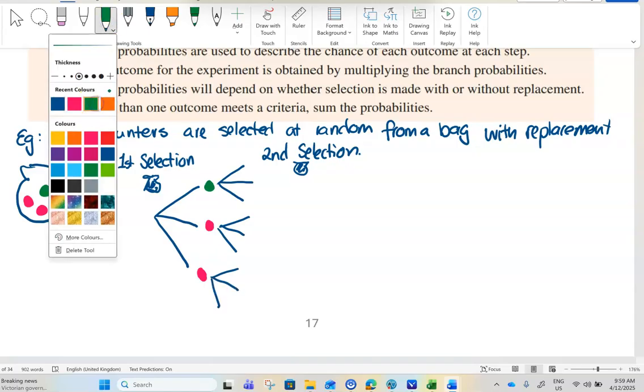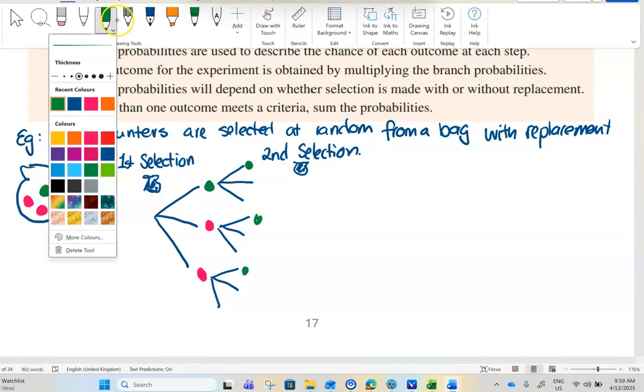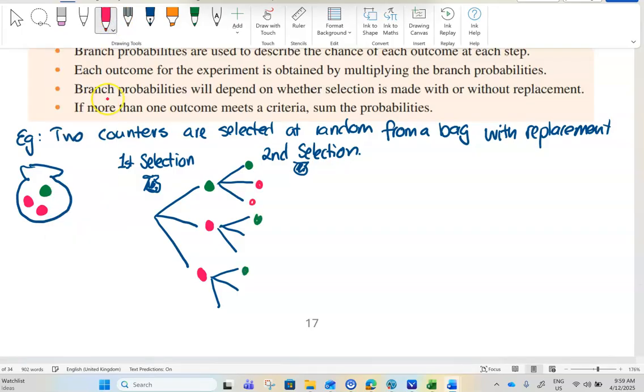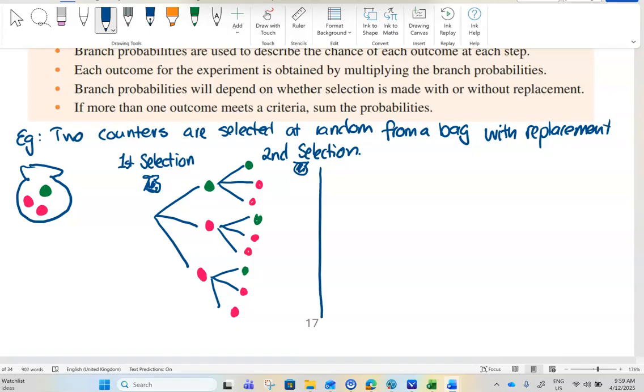We could have got the green one, or the pink one, or either one of the pink ones. If we draw this tree diagram, we'll end up with the outcomes of what we could have got.